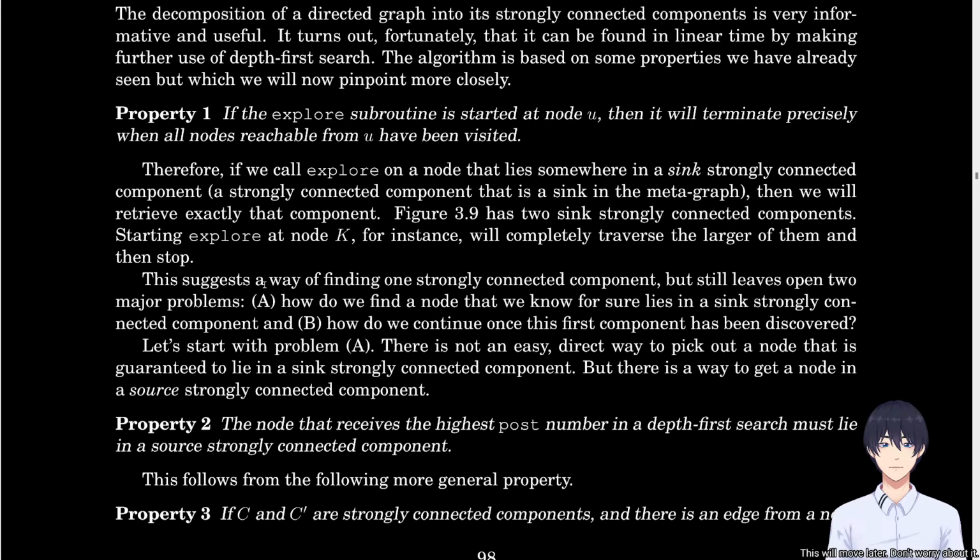This suggests a way of finding one strongly connected component, but still leaves open two major problems. How do we find a node that we know for sure lies in a sink SCC?